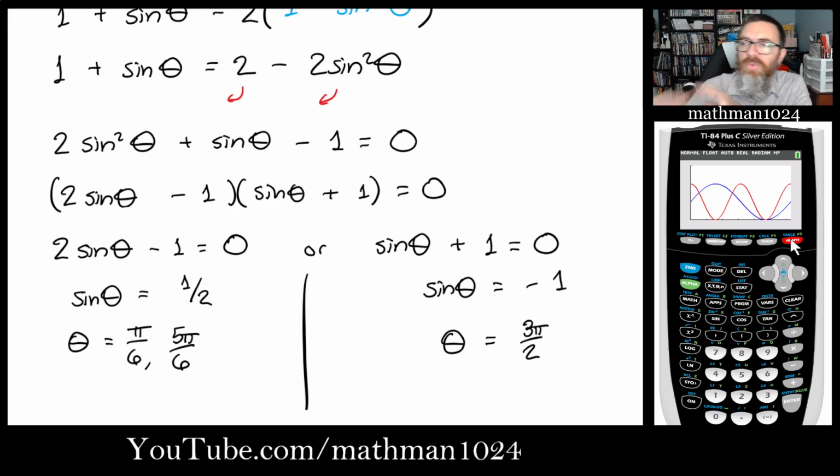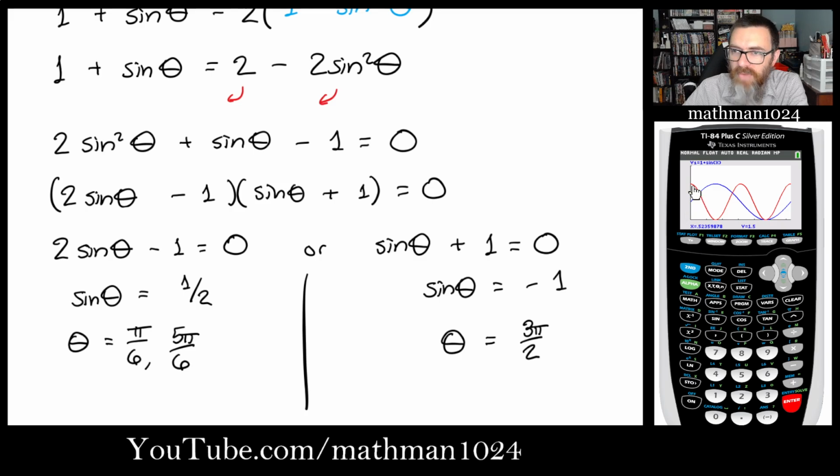Okay, so we can see from the graph here that we have 1, 2, 3 points of intersection. This one over here corresponds to whenever theta is 3 pi over 2. And these first two, this is going to be pi over 6 and 5 pi over 6. If you don't believe me, let's go to trace. And we can type in second pi, or pi divided by 6.